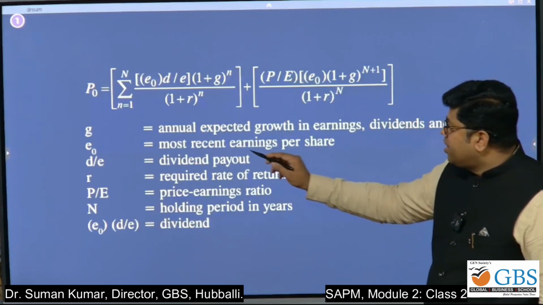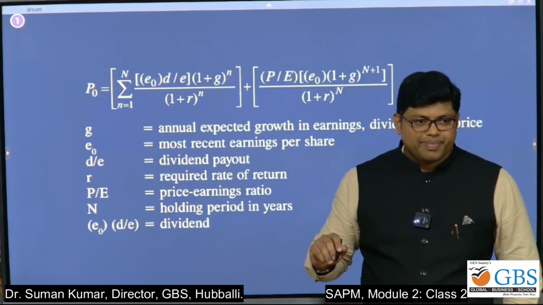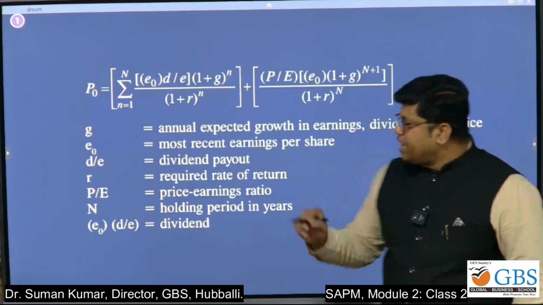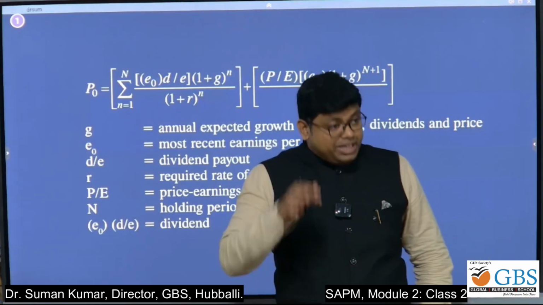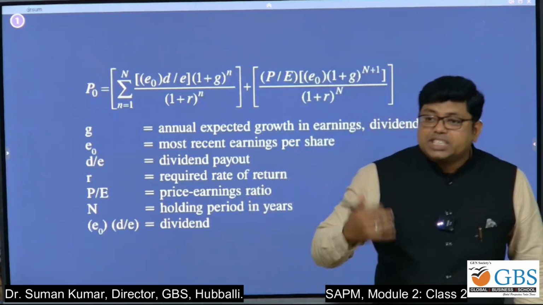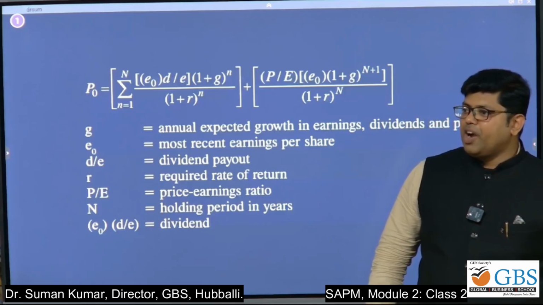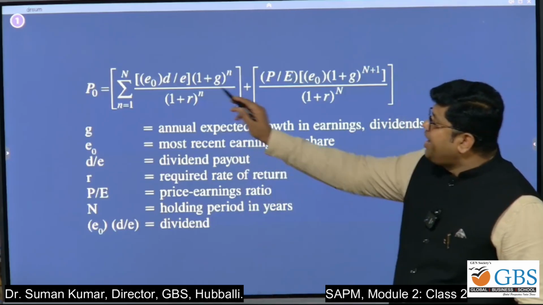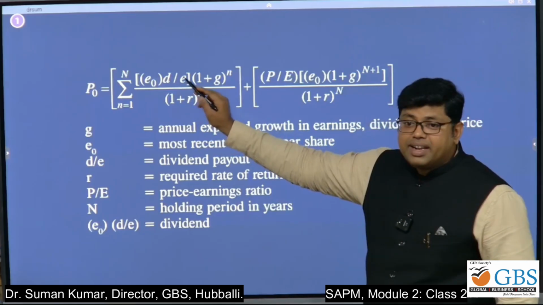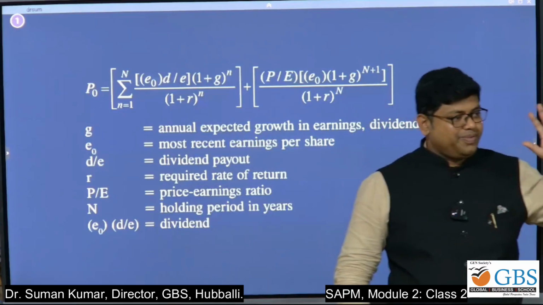Earning per share, EPS, is given. EPS is denoted by E naught. Dividend payout is given in the question, 60%, meaning we have to take it as 0.6. So D by E is the dividend payout ratio.